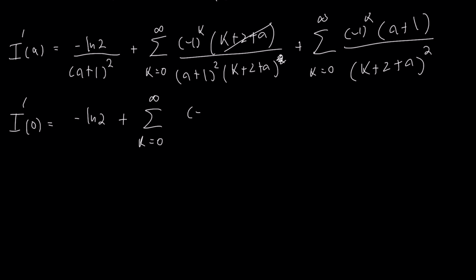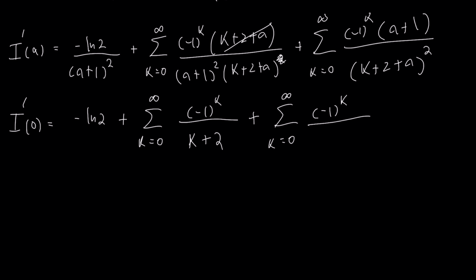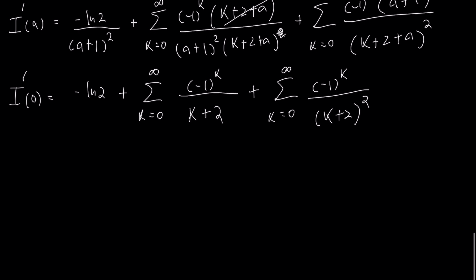Plugging in 0, we have -1 to the k, and 0 plus 1 squared is 1. Plugging in 0 here, we have k plus 2. Then plus the sum from 0 to infinity of -1 to the k divided by k plus 2 quantity squared.